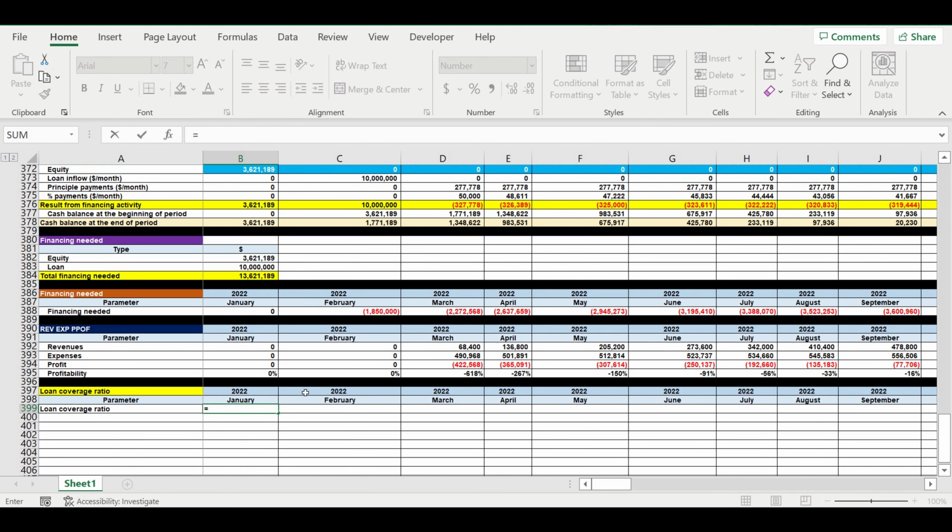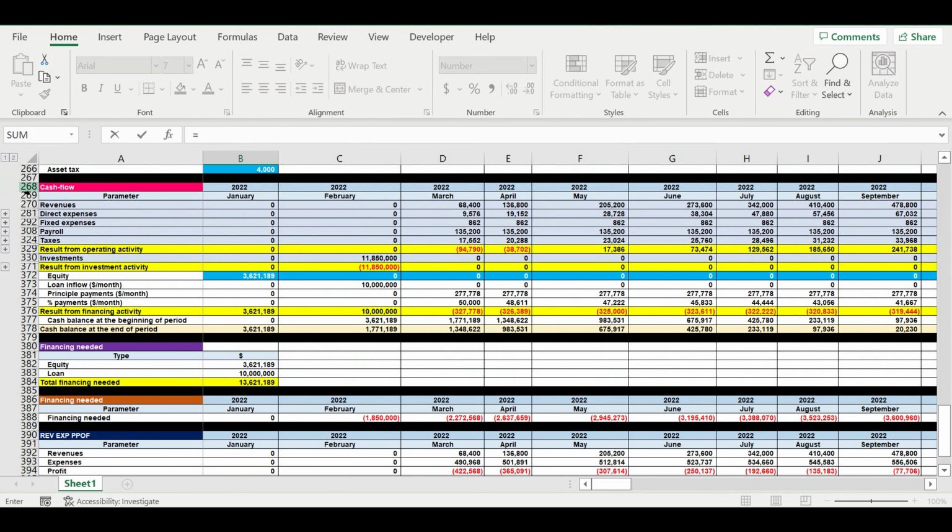Very simple. We are going back to the cash flow statement. For many valuable coefficients and ratios, we need our cash flow statement to be done, because we are taking the values from the cash flow statement.